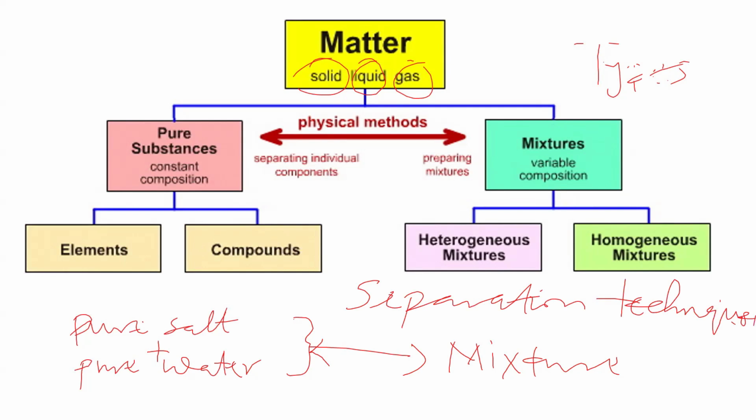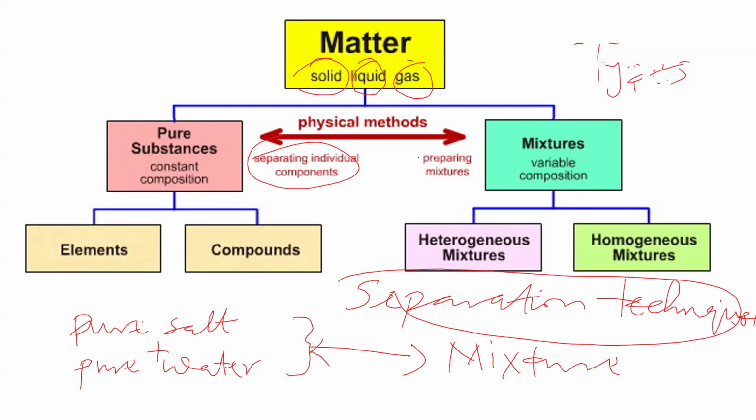You can mix pure substances together to give you a mixture, and if you want to get back the pure substances, then you use separation techniques.